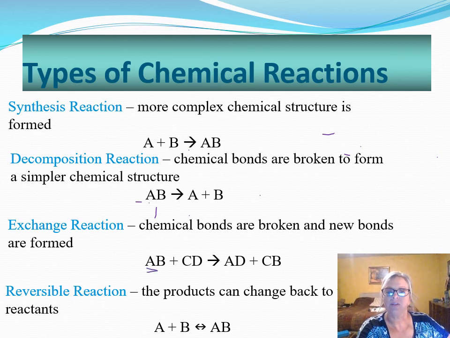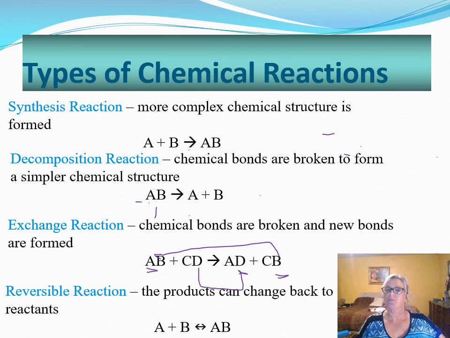You've got A, that's 1 metal, and C is the other metal, and they actually change places. So you have A with B, C with D, and then after the reaction occurs, you have A with D and C with B. And so you've got B swapping partners and D swapping partners, okay? So that's what we're going to look for is 2 things swapping.